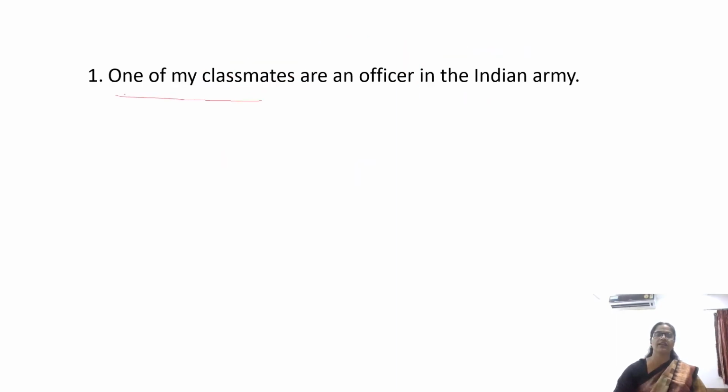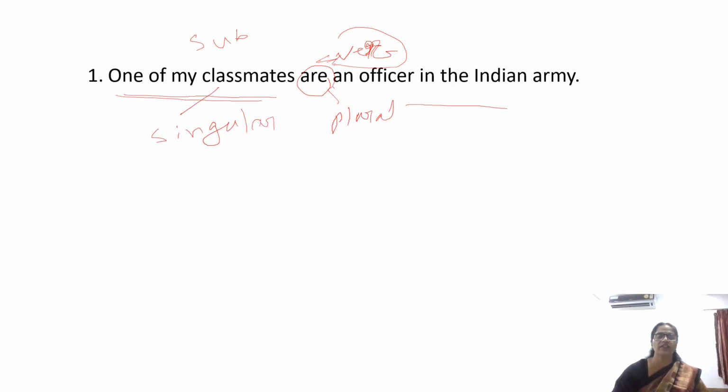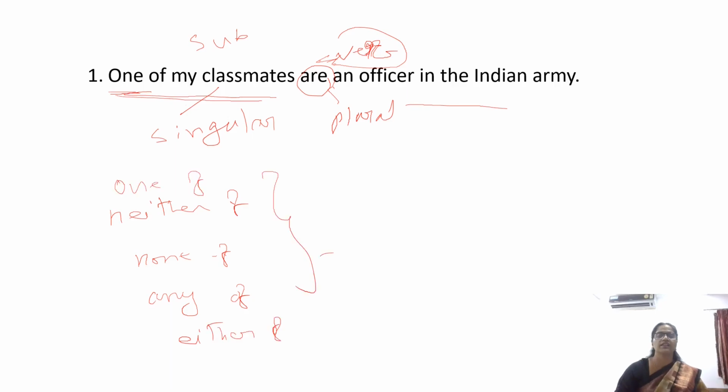One of my classmates are an officer in the Indian Army. Again, subject verb agreement. So your subject is singular and our verb is plural. How to identify whether the subject is singular or plural? Simple. As I told you already, one of, either of, none of, neither of, any of are considered singular subjects. This word classmates may confuse you, but we are not talking about all the classmates.